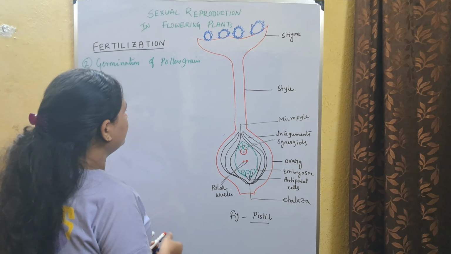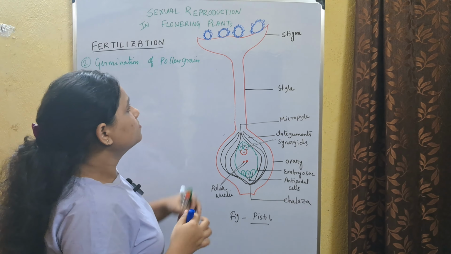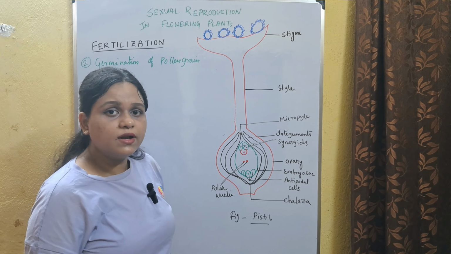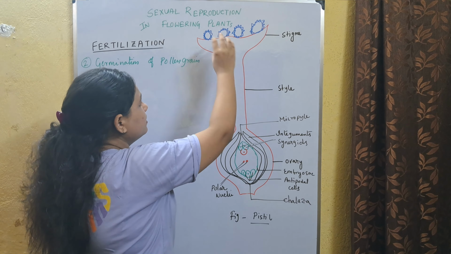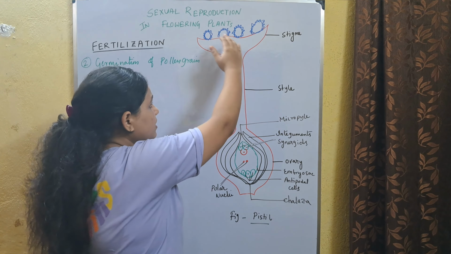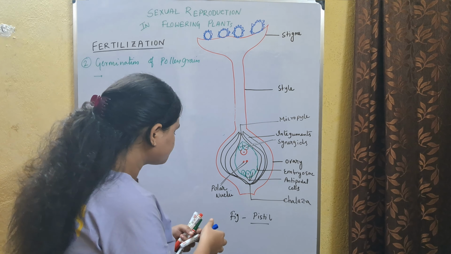When the pollen grain falls on the stigma, it germinates by absorbing some sugary stigmatic fluid from the stigma and it becomes swollen. This swollen pollen grain will be forming the pollen tube.